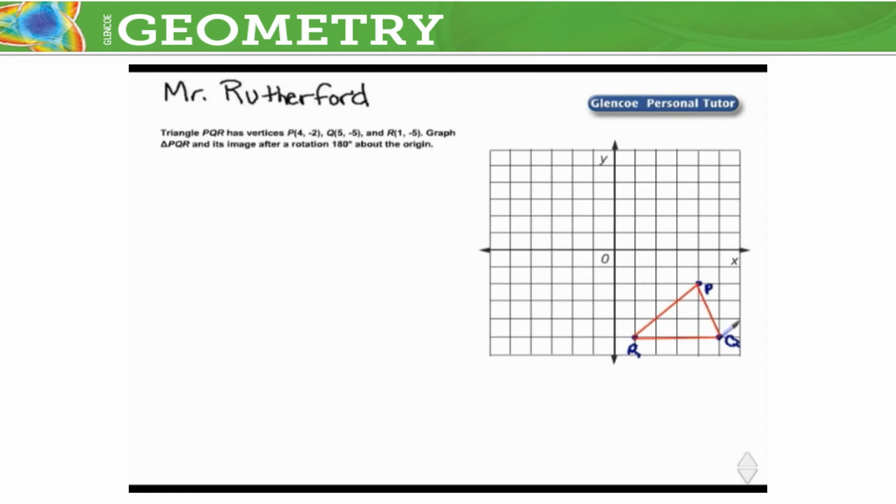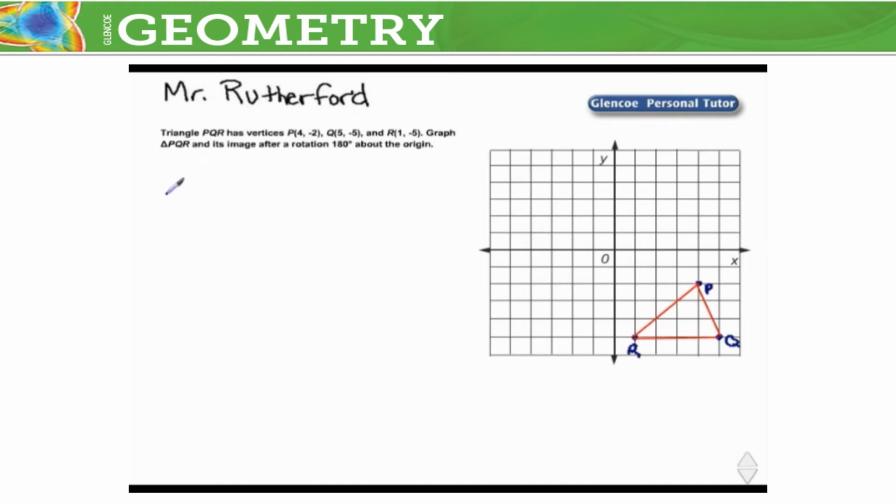And it says that we're going to rotate this 180 degrees about the origin. Because our triangle PQR is in quadrant 4 currently, a rotation of 180 degrees is going to end up with our image in quadrant 2.